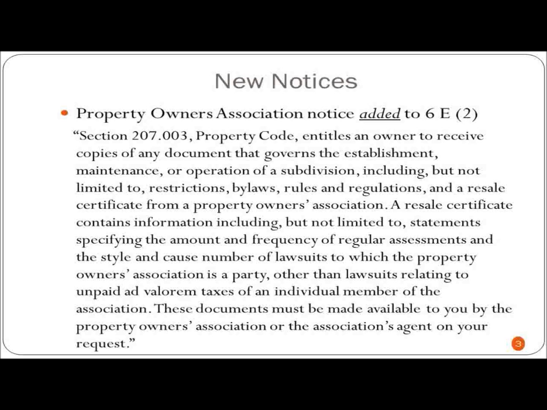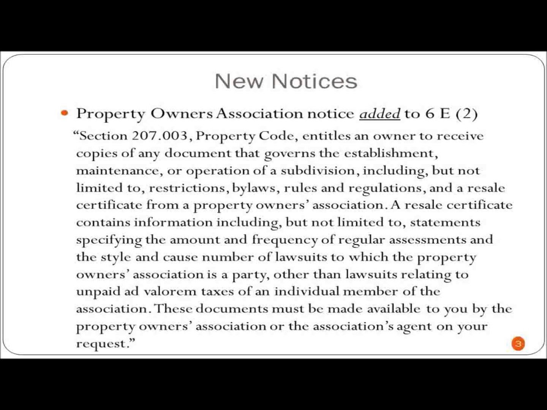If you will look at your 1 to 4 family residential contract form 20-11, and if you will look on page 3 under the notice provision, paragraph 6E, which is title notices, you'll notice under 6E2 a whole new paragraph under there, and it is the bolded and underlined paragraph that begins Section 207.003 Property Code.